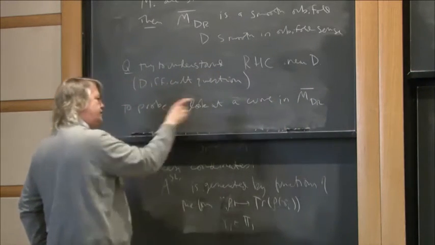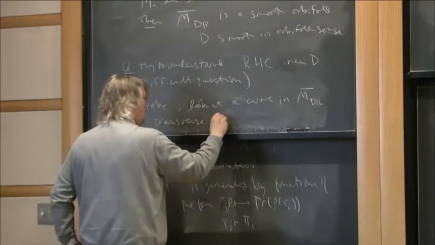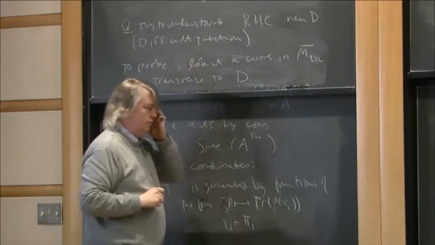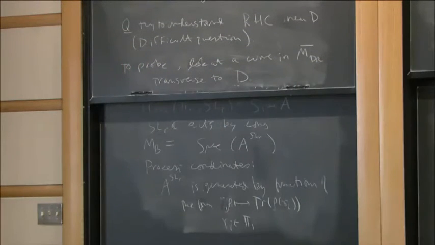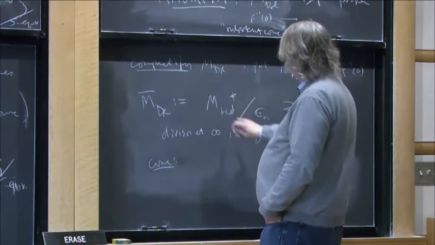Let's just look at a curve inside here, which is transverse to D. Now, what is a curve inside here going to look like? If we want to make a curve inside here, we can make an algebraic curve, but it should go towards infinity.